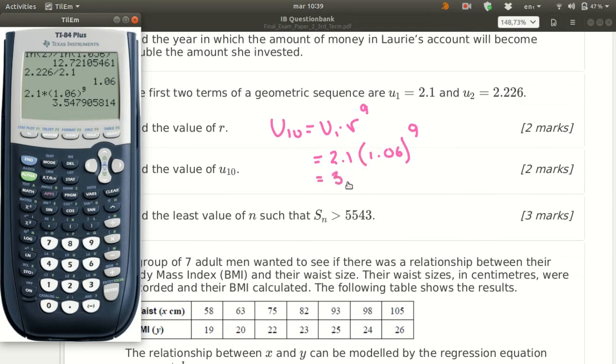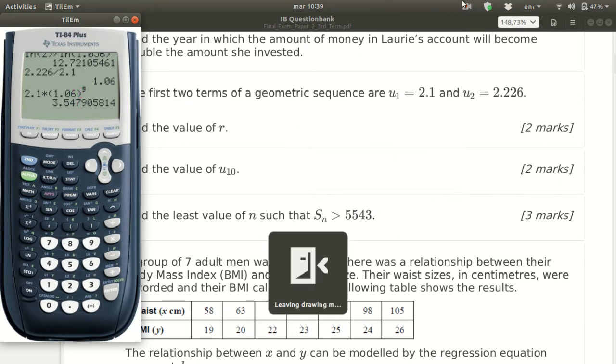So 3.55, 3 significant figures. Okay, a lot of you had difficulty remembering that. And why do we round up to 55? Because the next number here is 7, so we have to round up. Okay, 3.55.